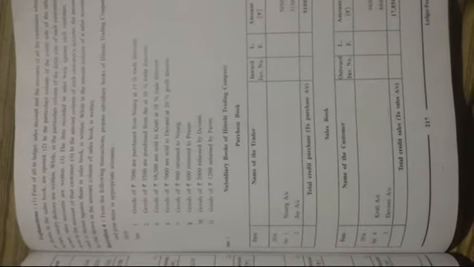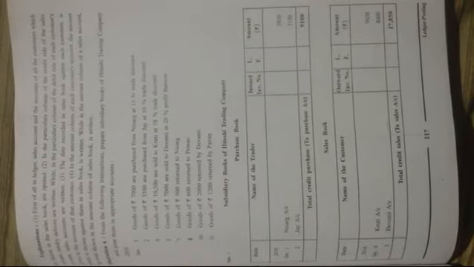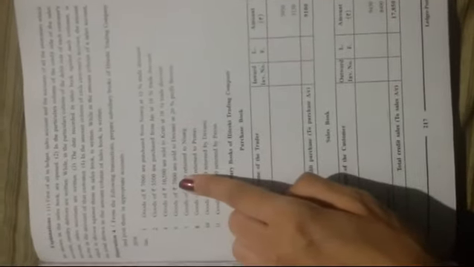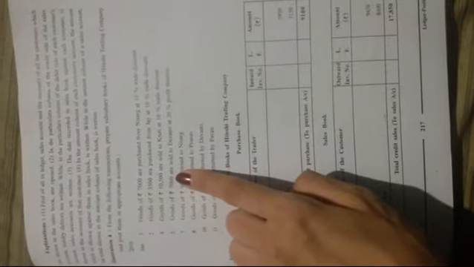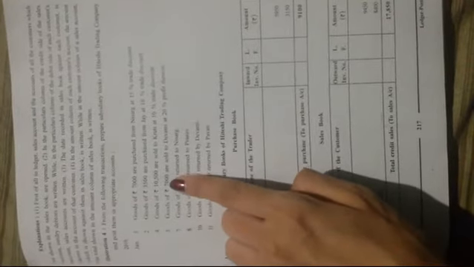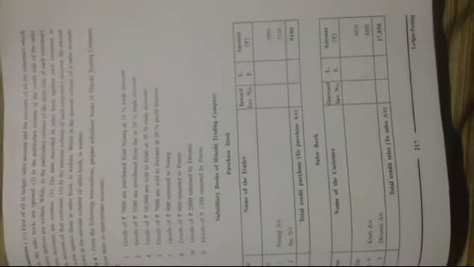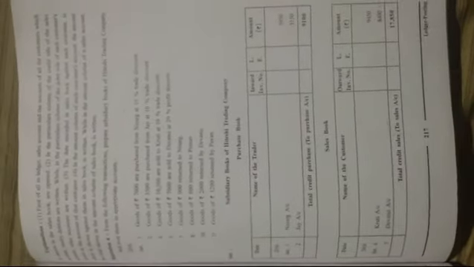So calculate 20% of 7,000. It would not be 700 because it is 20%, so it would be 1,400, right? So you have to add that amount to these 7,000. You will get 8,400. That amount would be shown in the amount column.